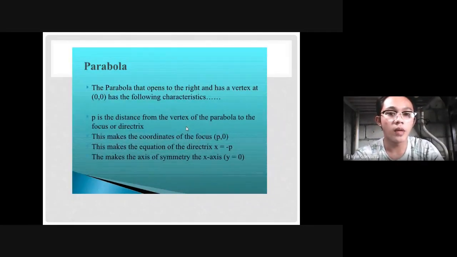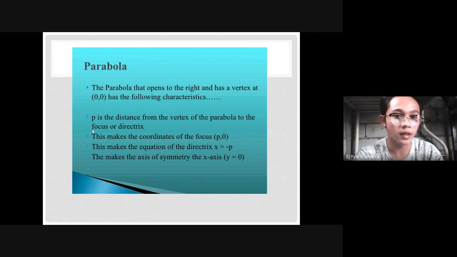The parabola that opens to the right and has a vertex at (0, 0), or the origin, has the following characteristics. Remember these characteristics. p is the distance from the vertex of the parabola to the focus or directrix. This makes the coordinates of the focus (p, 0).